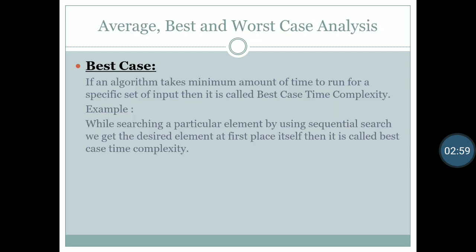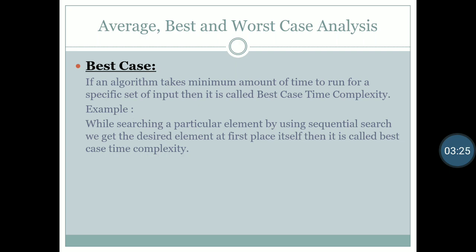We will have three cases for the time complexity: average case, best case, and worst case. So what is best case? If an algorithm takes minimum amount of time to run for a specific set of input, then it is called best case time complexity.